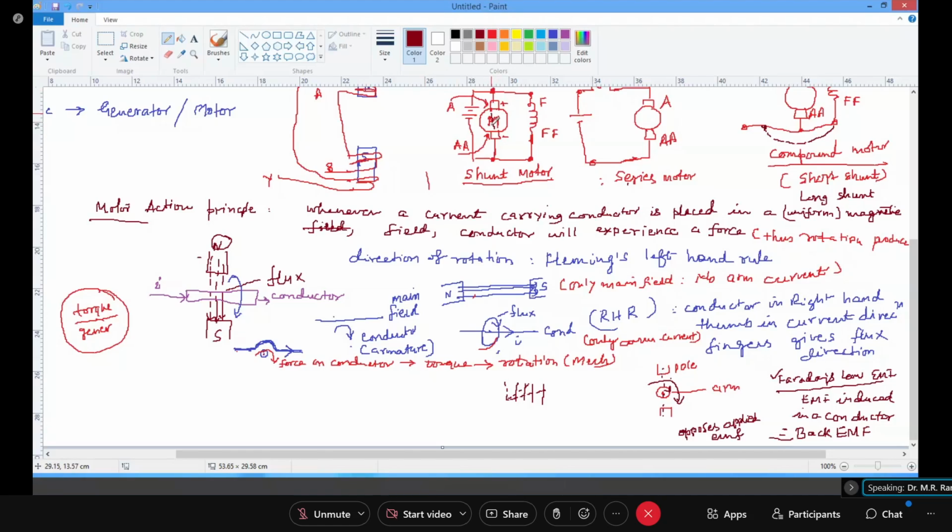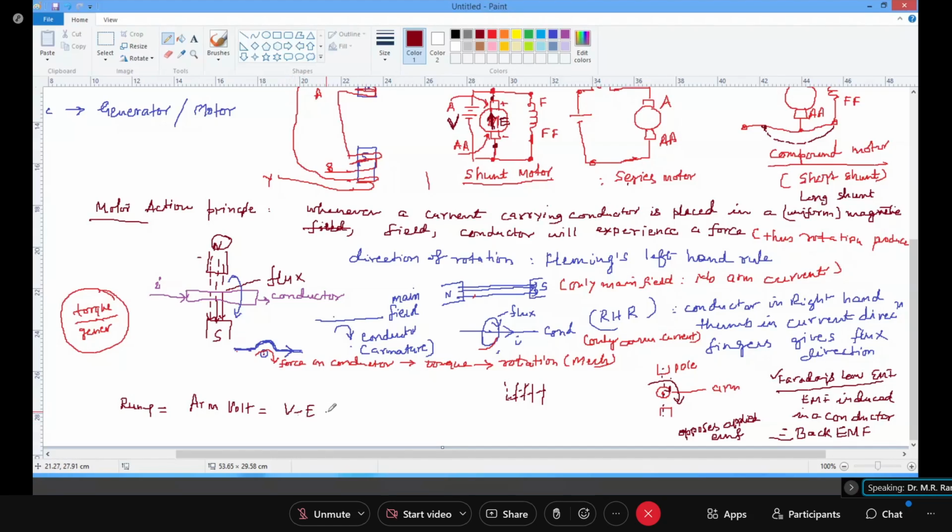Here there will be an induced EMF E. In a motor, there will be an induced EMF E which will oppose the applied voltage V. So the voltage under running condition across the armature, when the motor is running, will be V minus E. E is always less than V, that you know in a DC motor.